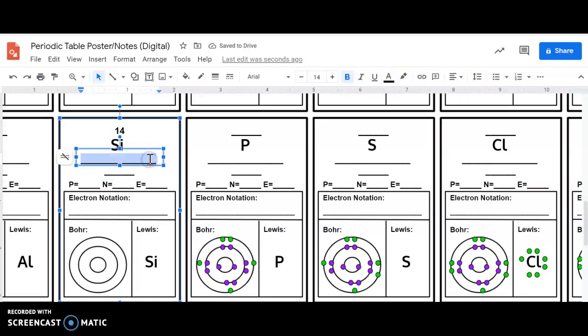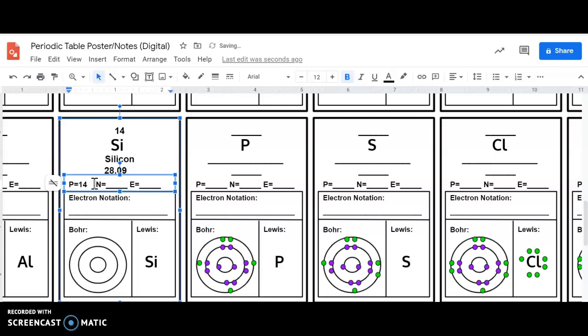You'll put the name, silicon. And then its atomic mass on the table. So the atomic mass of silicon is 28.09. So you put the decimal there, then you click on the lines. If you don't click on the whole line, it'll throw off your spacing, and it gets irritating if that happens.